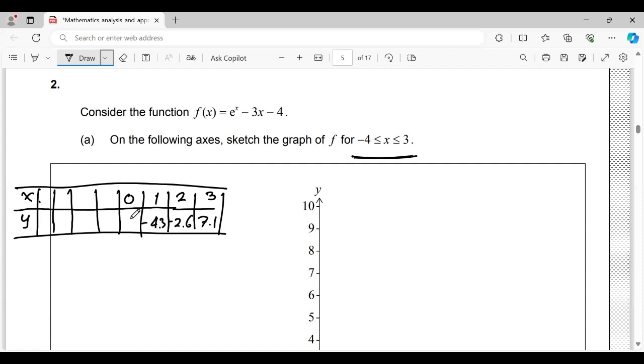If 0, minus 3. If minus 1, it's going to be minus 0.6. If minus 2, 2.1. If minus 3, 5. And if minus 4, 8.